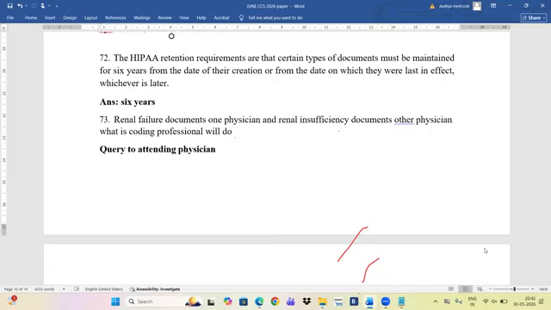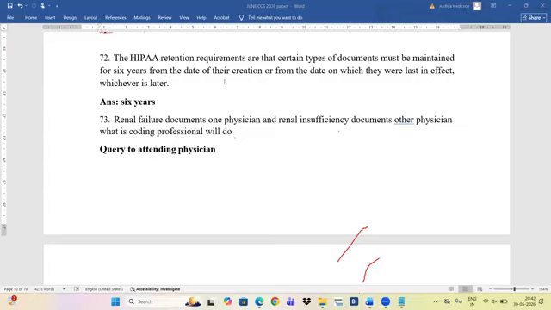Whichever is later, at least 6 years we must maintain the documents. So we must protect at least 6 years of data as per the HIPAA retention, 6 years minimum, up to 25 years.